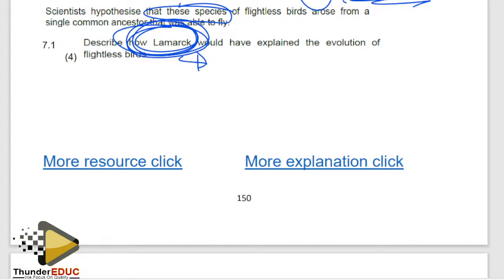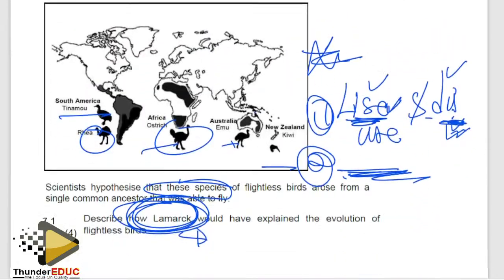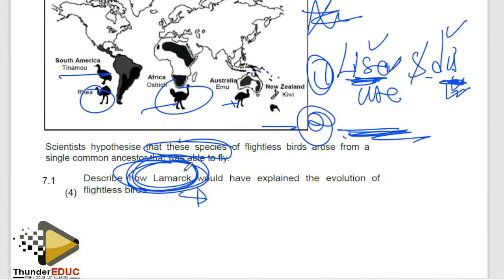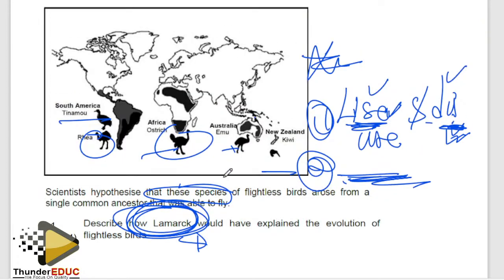Please describe how the high-flying small ancestral bird evolved into different species of large flighted birds. Okay, it means they started with small flying birds and evolved into large flightless birds. Is it the same question? I think it's the question of, please describe. Okay, it's the same thing.